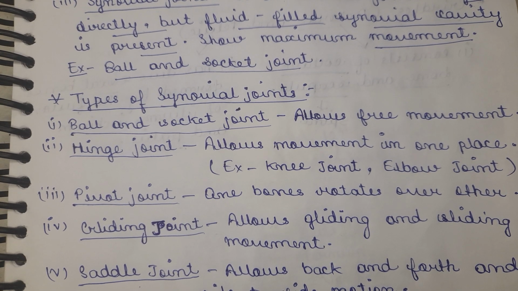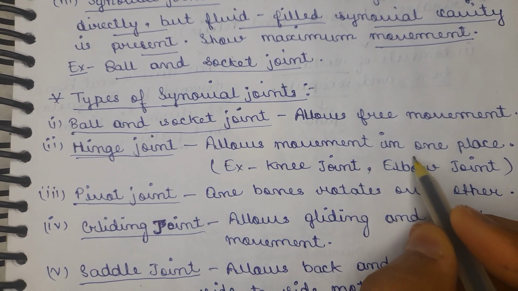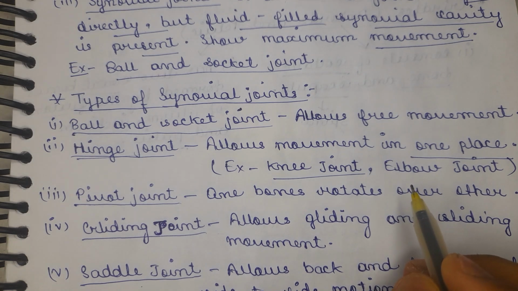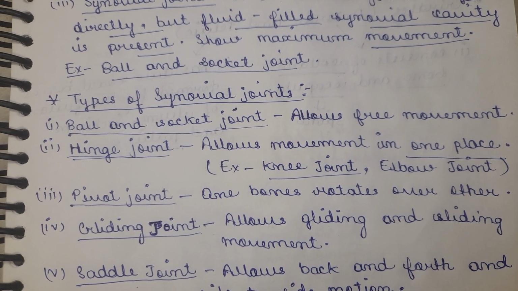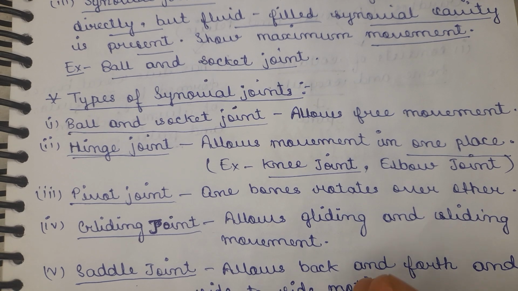Now the second one, the hinge joints. These hinge joints allow movement in only one direction. For example, the knee joint and the elbow joint. You can observe in your body that your knee joint only enables us to move the bone in one direction.